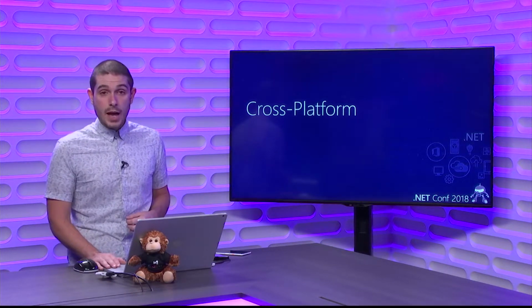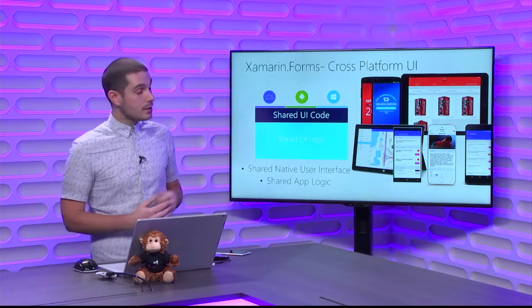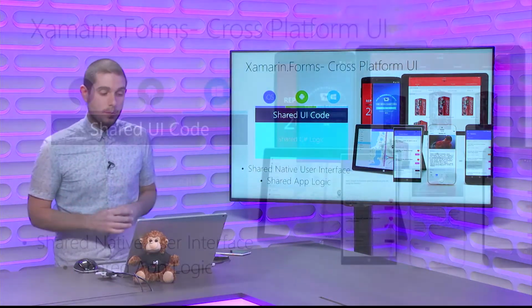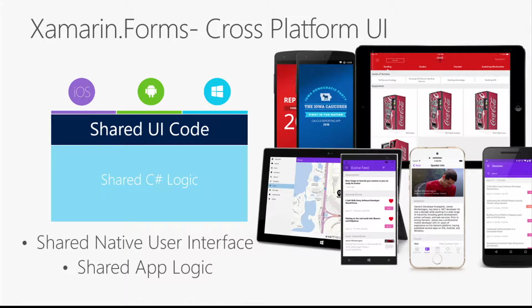Now later on today, David will be coming on, deep diving into Xamarin Forms, our cross-platform user interface for iOS, Android, Mac, and Windows. What's great is that this sits on top of Xamarin, enabling you to share a bulk of your business logic and some of your user interface. Now, you can go all in or use bits or pieces of Xamarin Forms, no matter how you like.